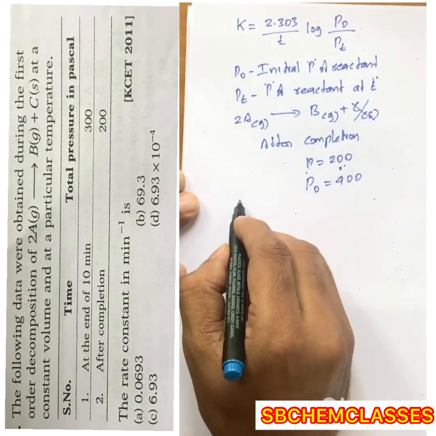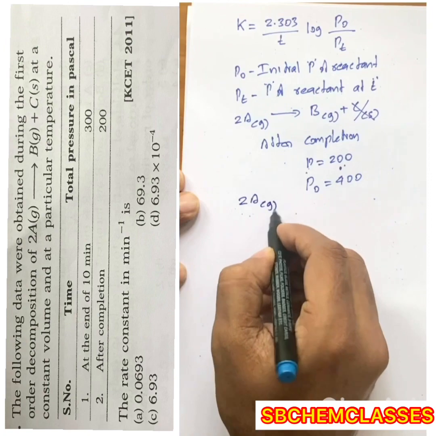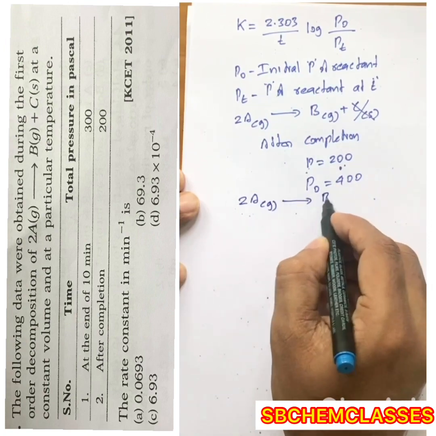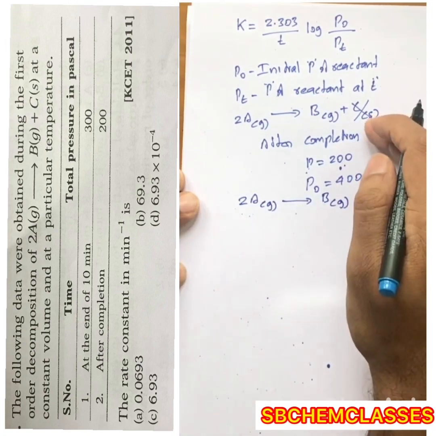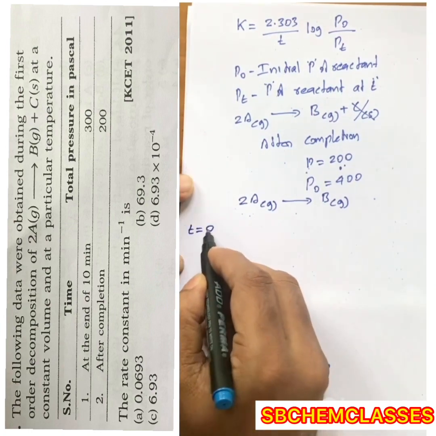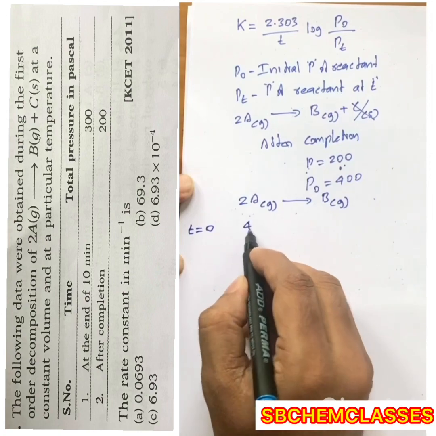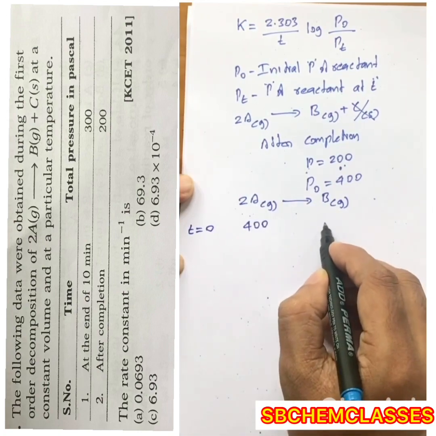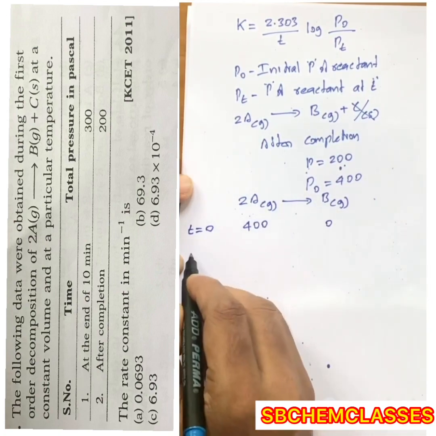How? 2A gas becomes B gas; C is solid, so it is not considered. Initially, when time equals 0, the pressure of A is 400 and B has pressure 0.